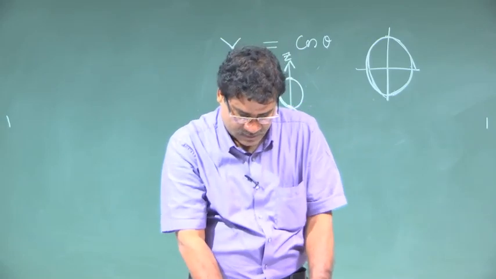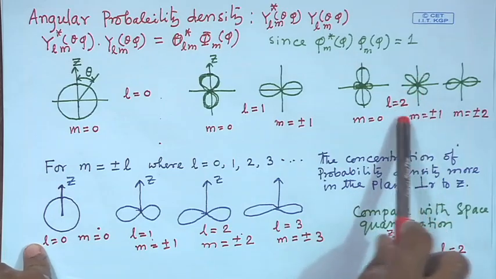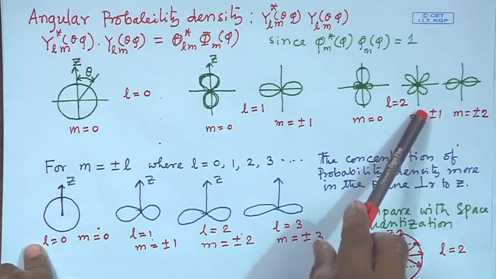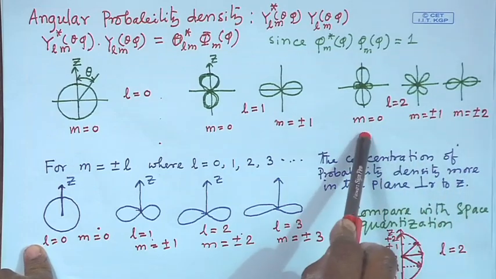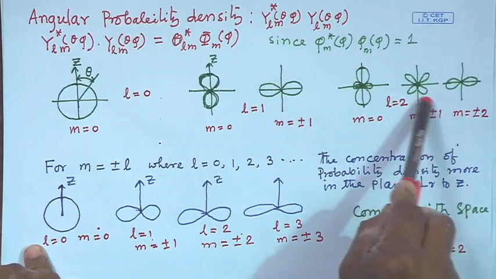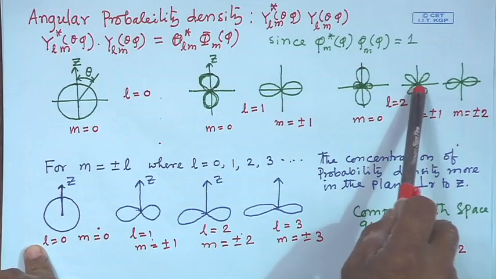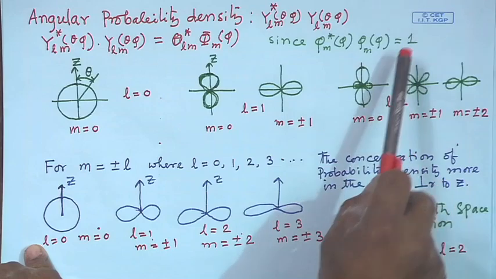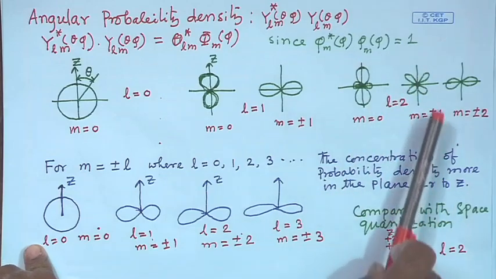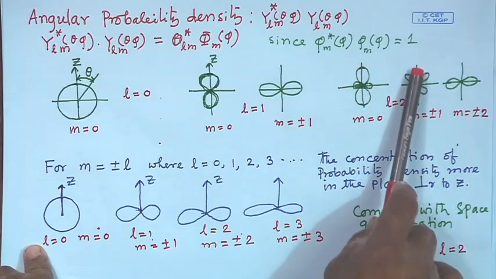That is what is happening here when m is plus minus 1: this is the maximum value, this is the minimum value, and in between is this value, neither along the z axis nor on the xy plane, but in between.